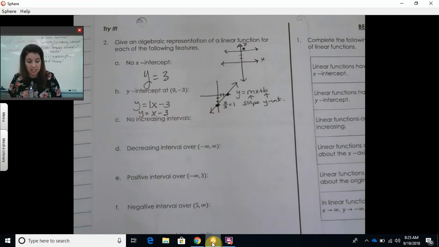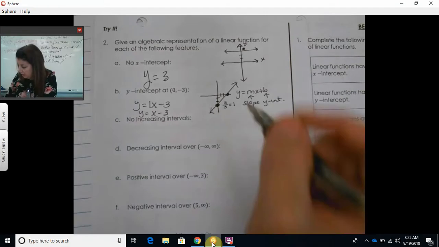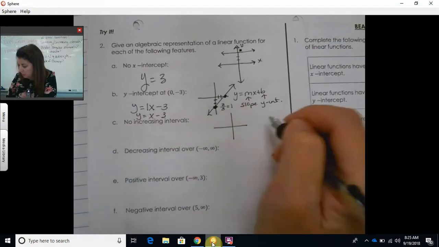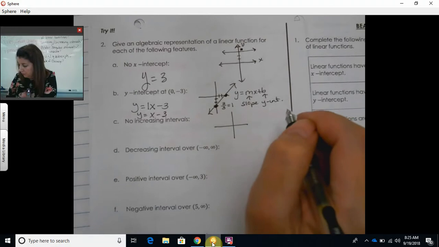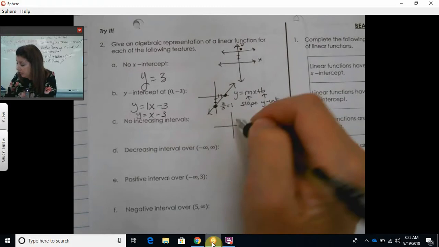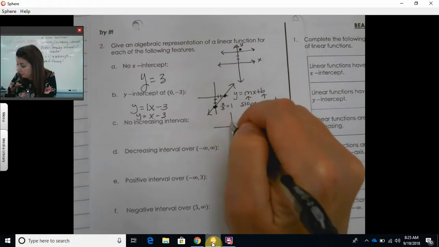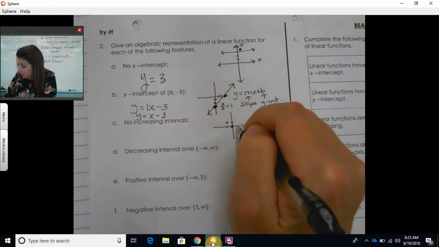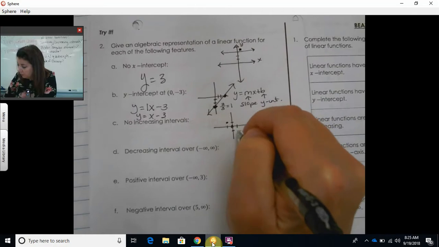C, no increasing intervals. Well, if you have a line and you can't have an increasing interval, what kind of line could you have? What kind of intervals? Decreasing. So if I have a decreasing interval, just means it's got to have a negative slope. It didn't say y-intercept or anything like that. So I'll just make it go through 0 and have a slope of -1.